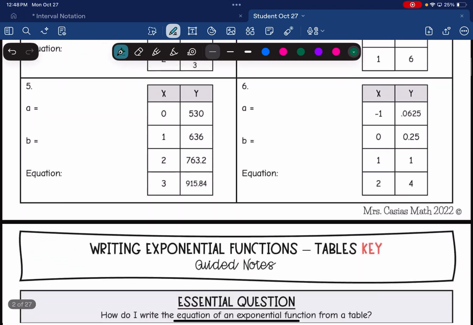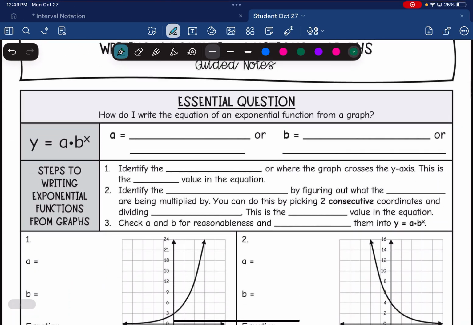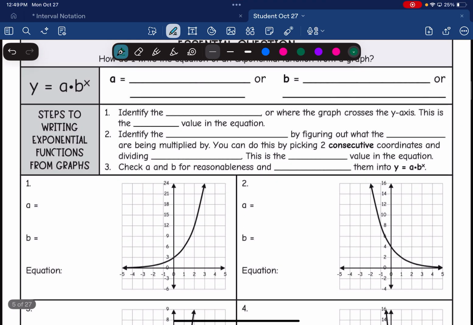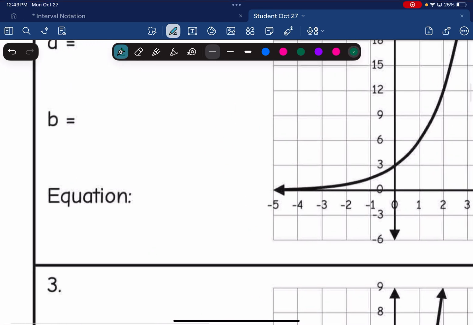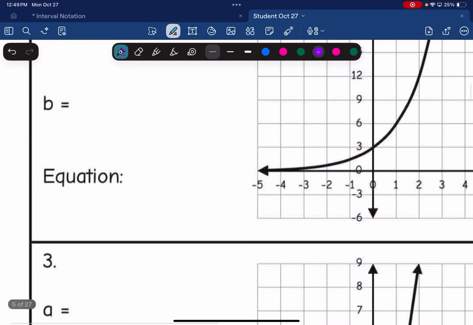I need us to go to the next page. We are going to look here at graphing and determining the equation from the graph. The first thing I want to look for is your asymptote. So if we're looking here, what is my asymptote?